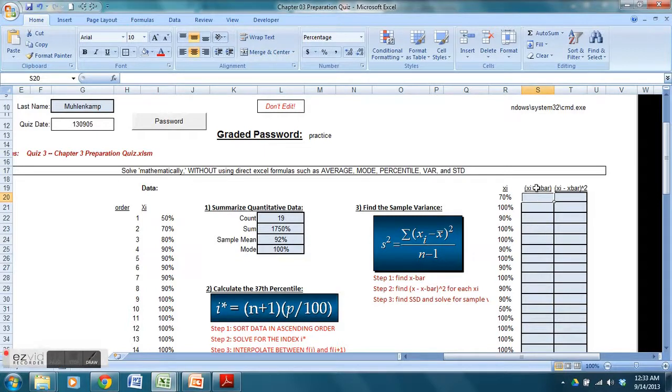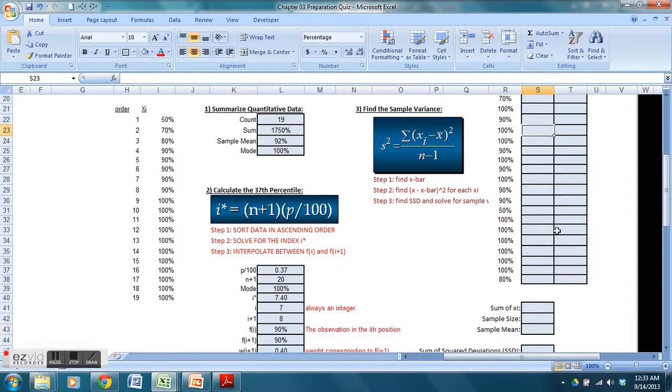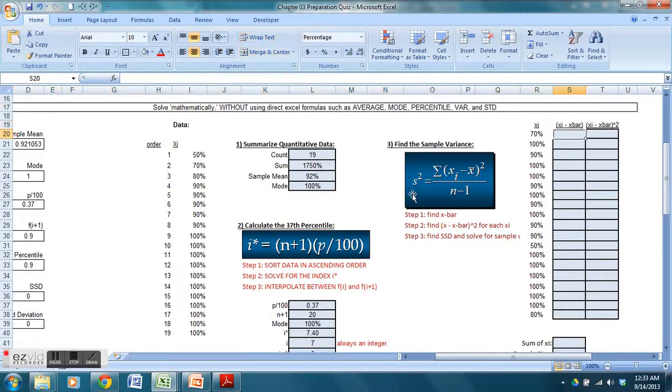So moving on to finding the sample variance. Right here we have the sample variance formula, and this is to help you find it easier. The xi minus x bar, and the xi minus x bar squared.